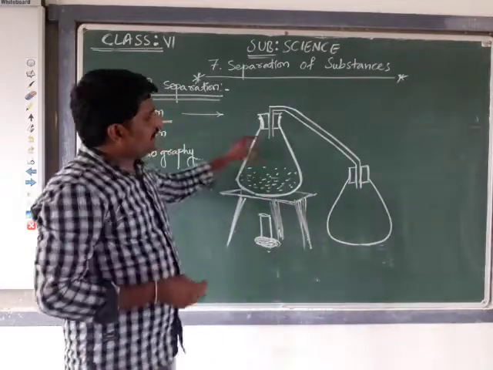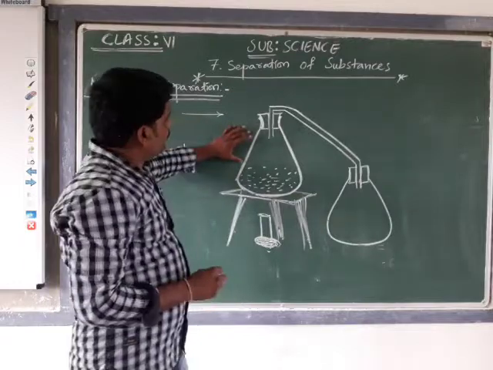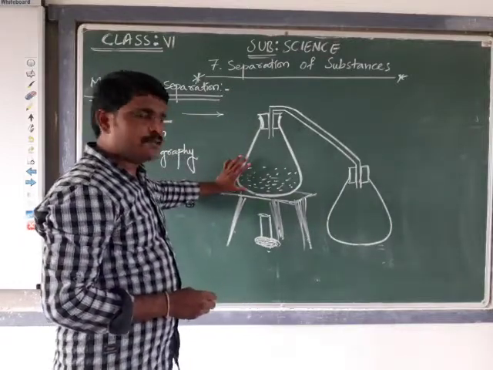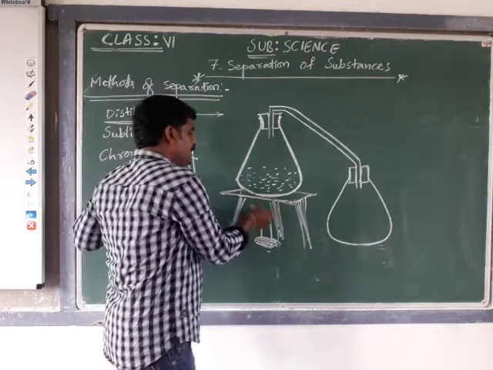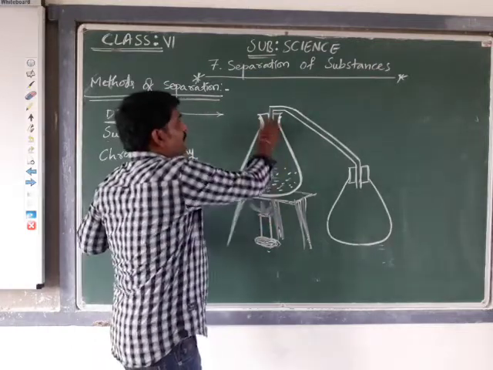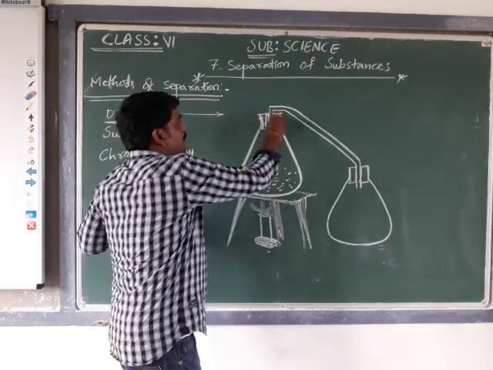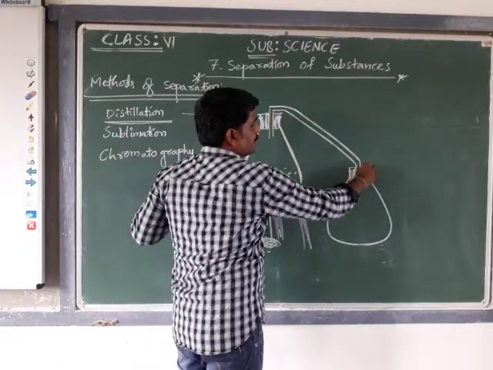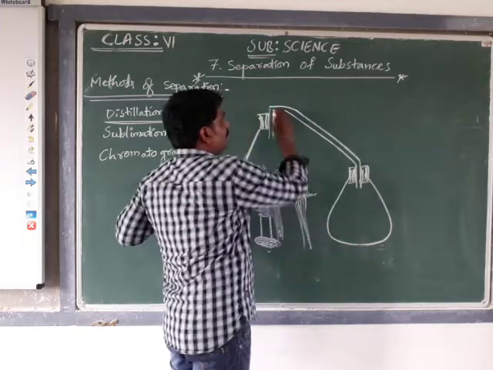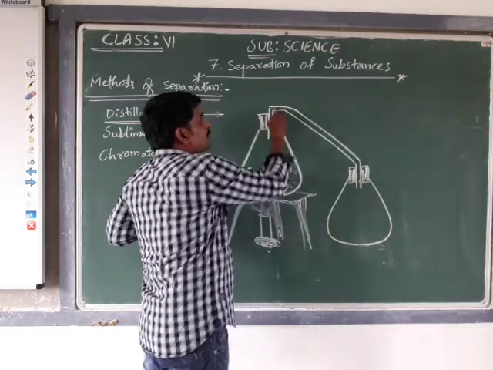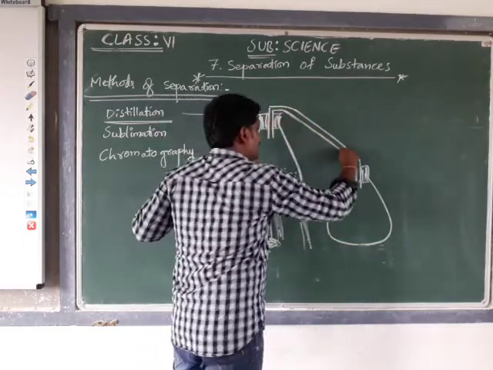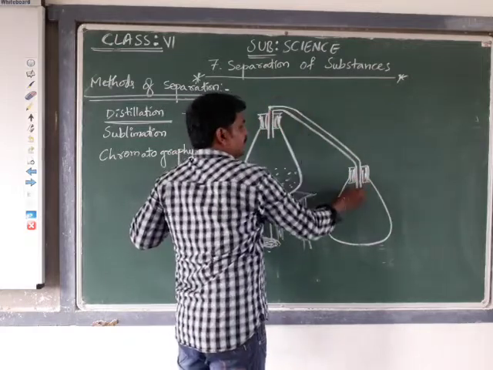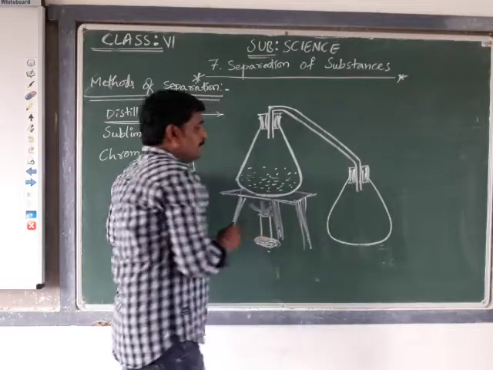We have taken two conical flasks. First we have taken a conical flask with some water, kept on a tripod stand with a Bunsen burner below it, and closed the flask with a one hole cork. Then we have taken one more empty conical flask, and these two conical flasks are connected with a delivery tube.